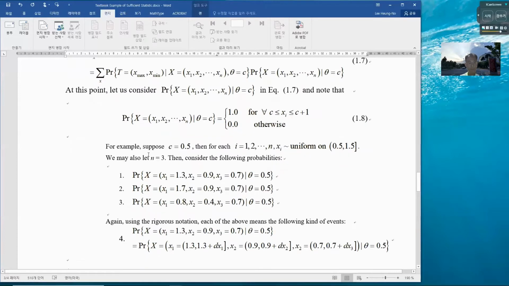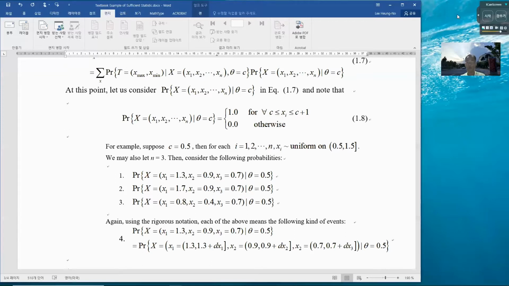So here is an example. For example, suppose c is equal to 0.5. Then for each i, xi has to be uniform over this interval, so from 0.5 to 1.5. It has a non-zero probability, and the probability density function goes like that. And then outside of this interval, the probability is 0.